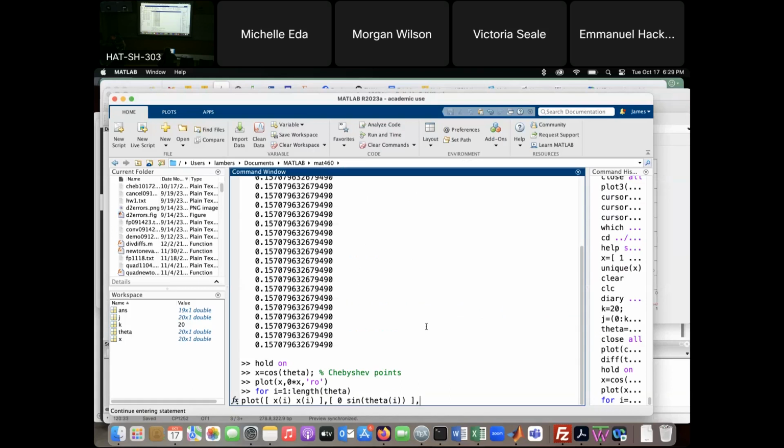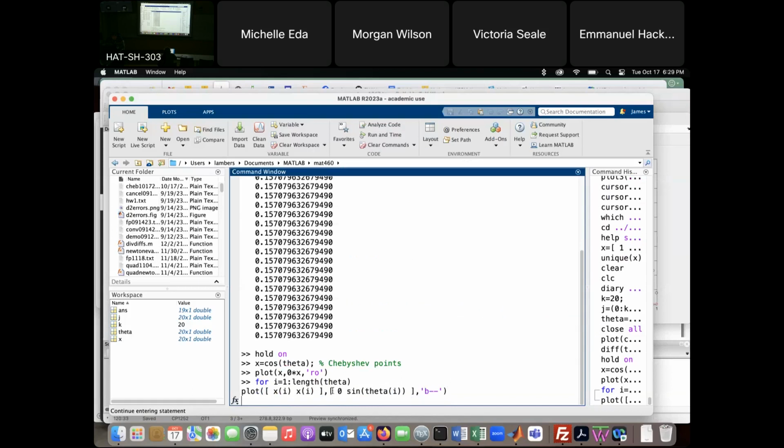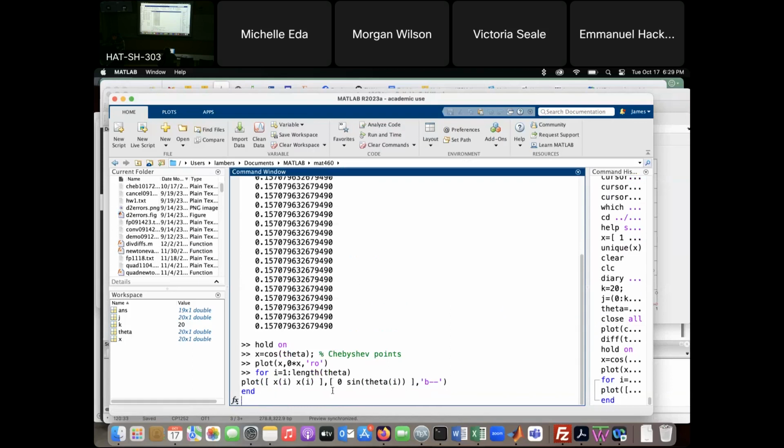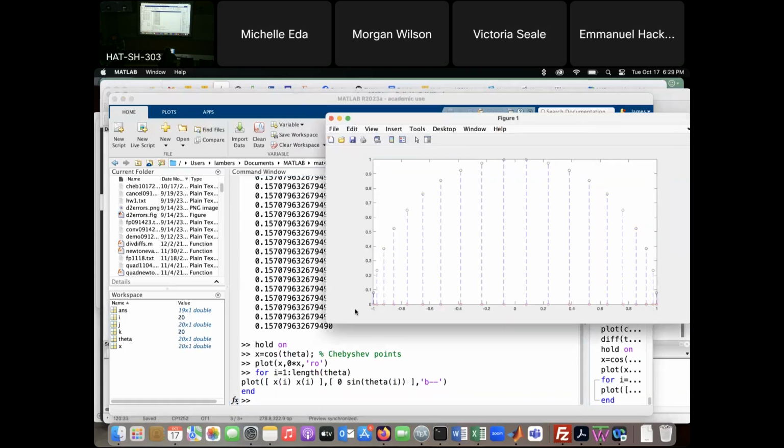And I'm going to plot them using blue dashed lines, so I put 'b--'. Now, this plot statement is inside a for loop, so now I'm going to end the for loop. And if I go back to my plot, there they are.